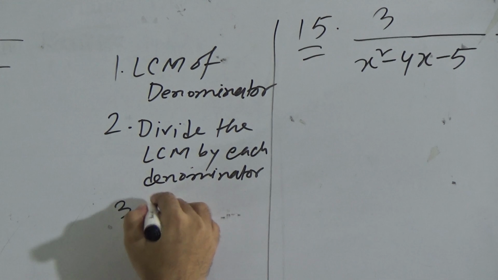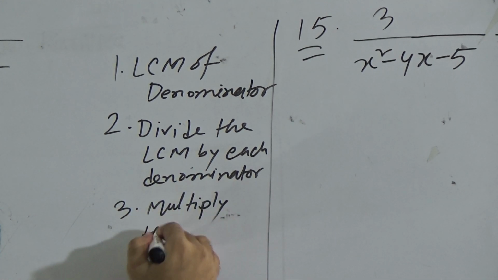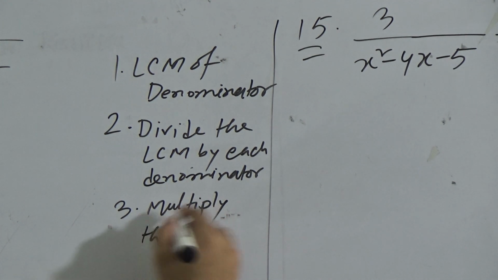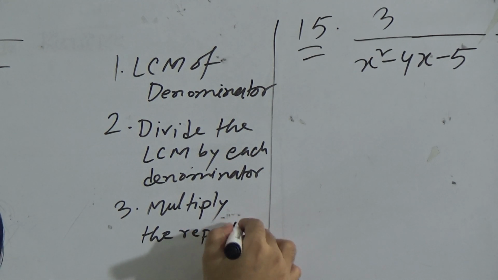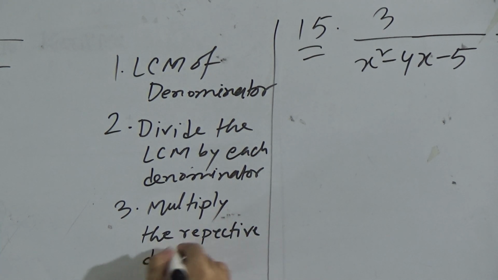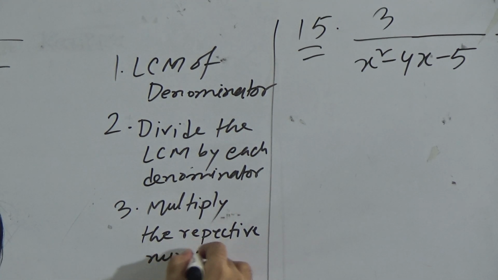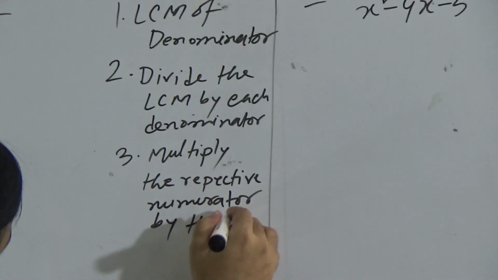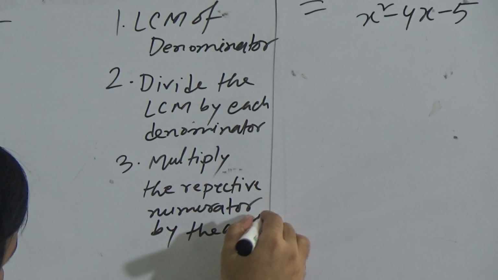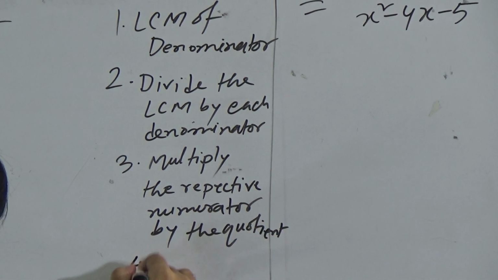Rule 3 is multiply the respective numerator by the quotient. Then last step, do calculation.